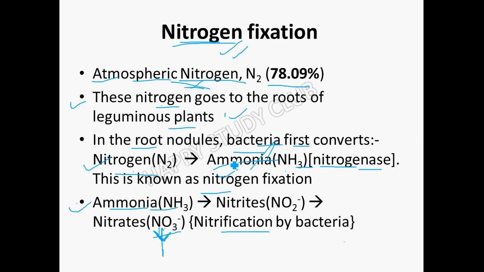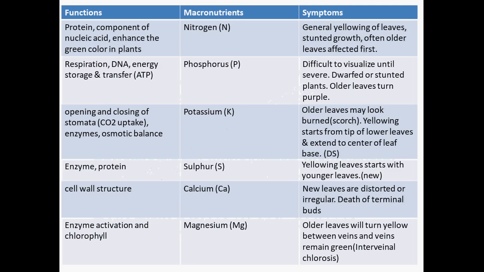So bacteria convert atmospheric nitrogen into ammonia, then reduce ammonia into nitrites and nitrates, and these nitrates are taken by plants from the soil. So this was about nitrogen fixation.